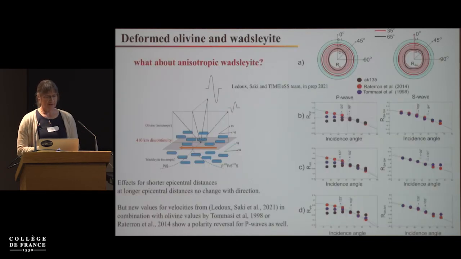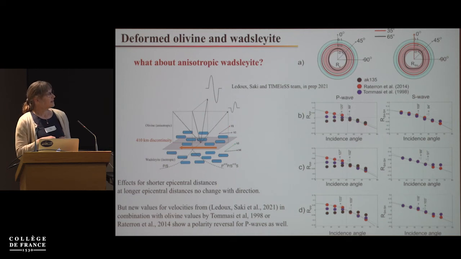But in the next step, we started looking at aligned Wadsleite as well. So instead of isotropic, we now have anisotropic Wadsleite and anisotropic olivine. That's work that we have done together with the group of Sebastian Merkel, especially Estelle Ledoux and Movarit Saki.